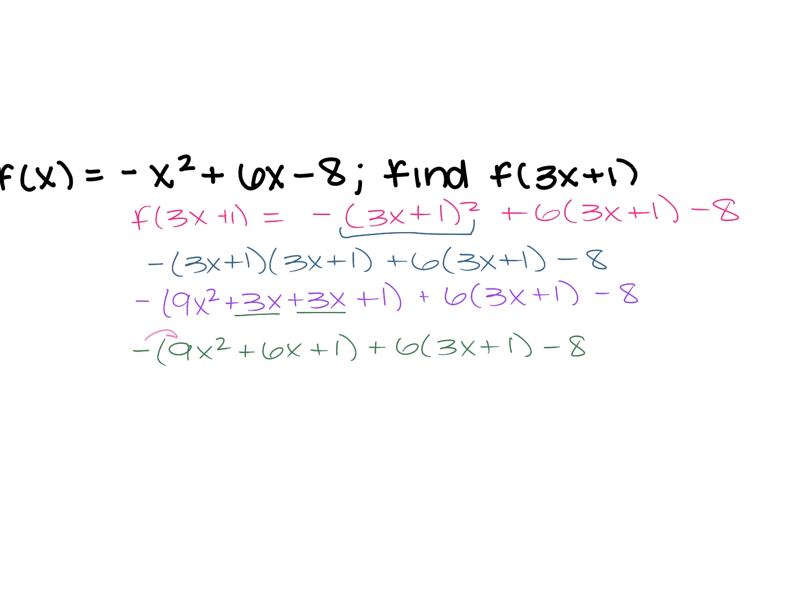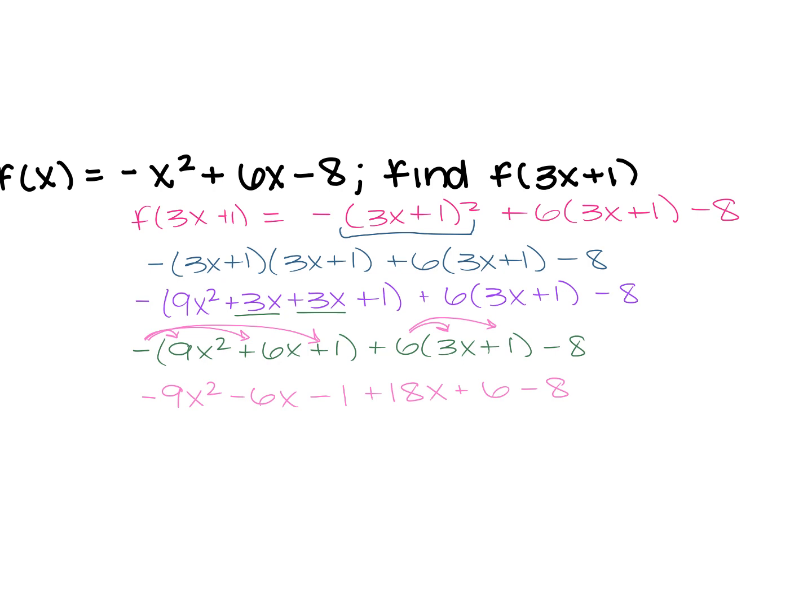The negative times 9x squared is negative 9x squared. The negative times 6x is negative 6x. The negative times 1 is negative 1. The 6 times 3x is 18x. The 6 times 1 is 6. And then that minus 8 drops down.